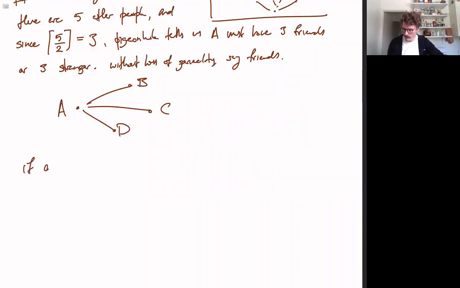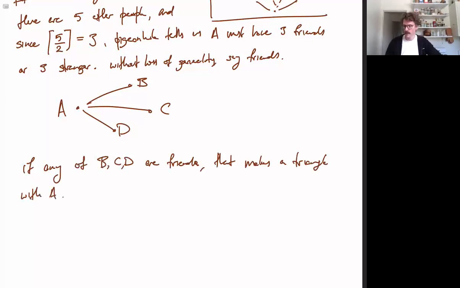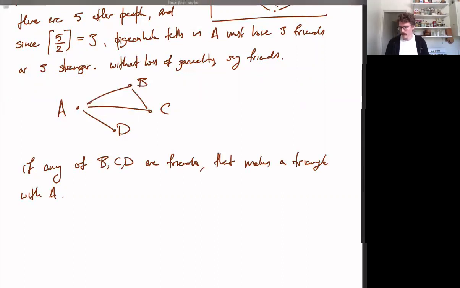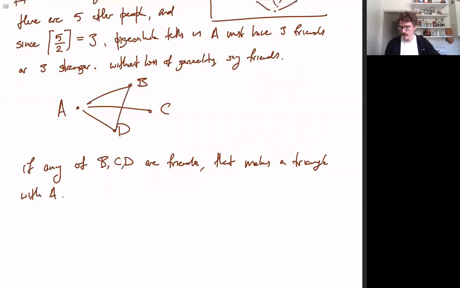So if any of B, C, and D are friends, then that makes a triangle with A. For example, if B and C are friends, we have that edge, then you can see that this is a triangle, which is to say that A, B, and C are 3 mutual friends. Or similarly, if B and D are friends, you get this triangle, and so on.